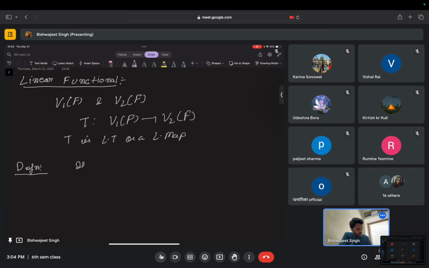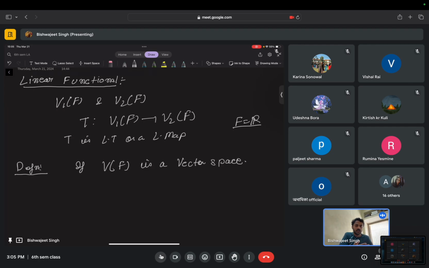That is, if V over F is a vector space, so V is the vector space, F is the underlying field. Normally we take the field as R, because in your course normally we take F equals R. So this is a particular case, that is why I am not writing it in the definition. For most of your syllabus F is going to be equal to R, but it need not be true in general.